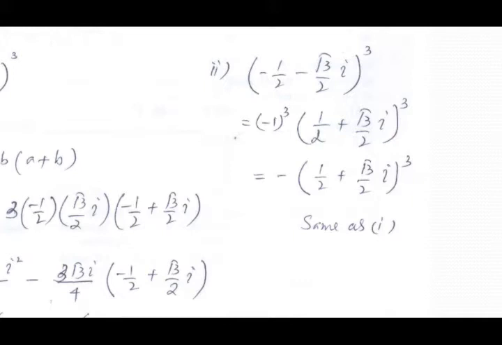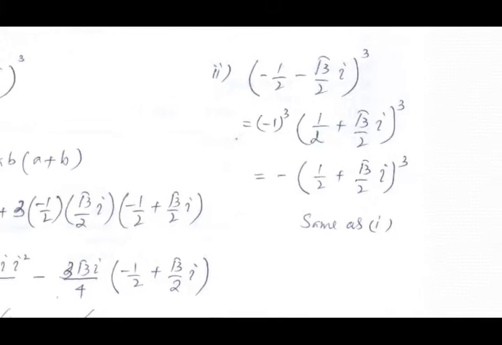Cube of minus 1 is minus, and in the bracket is the same value as we solved in the first part. Solve it and get the same answer as we got in 1.